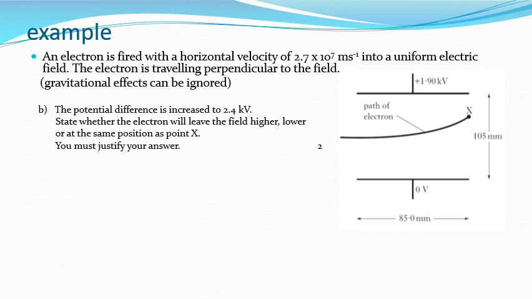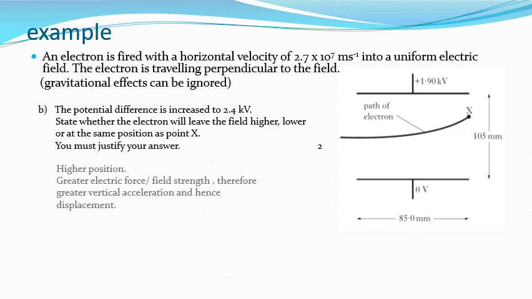Second thing we did is worked out the acceleration. Well, the acceleration depended on the force, and the force depended on the electric field strength. The electric field strength is now greater because the potential difference is greater, because E was V over d, and so we are expecting that X will be higher up than it was before.